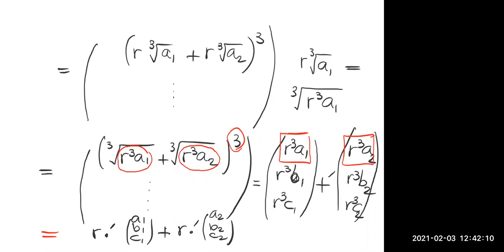So if we look at the point we started and the point we just reached, we will see that we proved r times (this vector (a1, b1, c1) plus this other vector (a2, b2, c2)) would be equal to r times the first vector plus r times the second vector. So multiplication distributes over addition.